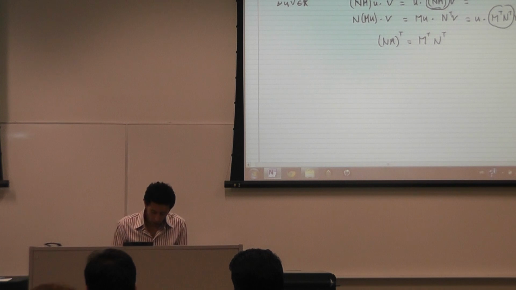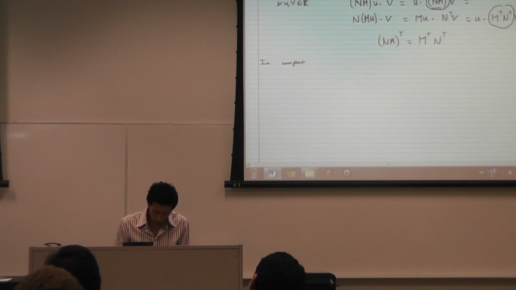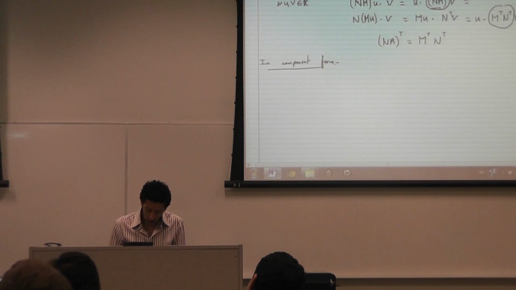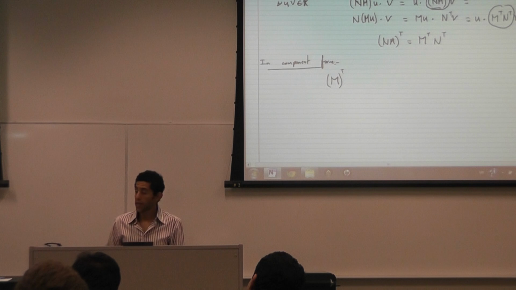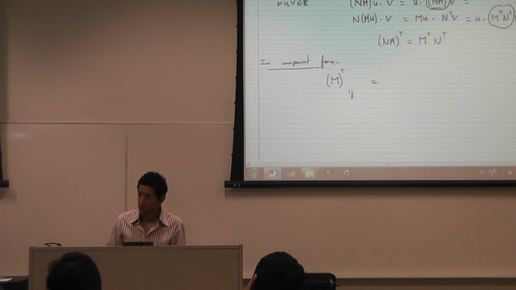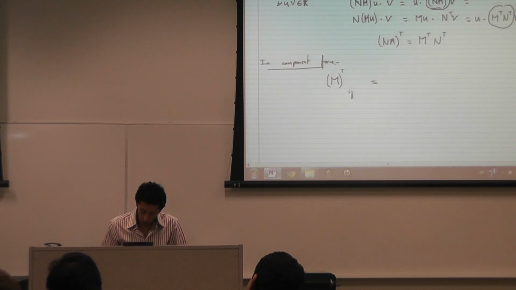So how to deal with components? This is the matrix, it has components i and j. The ith row and the jth column of this matrix is equal to Mji.